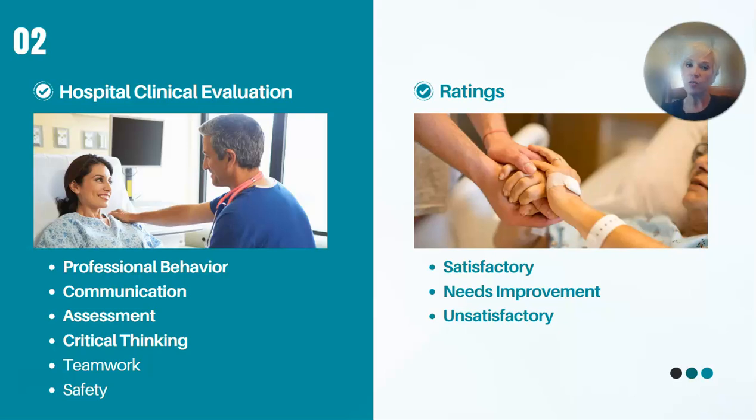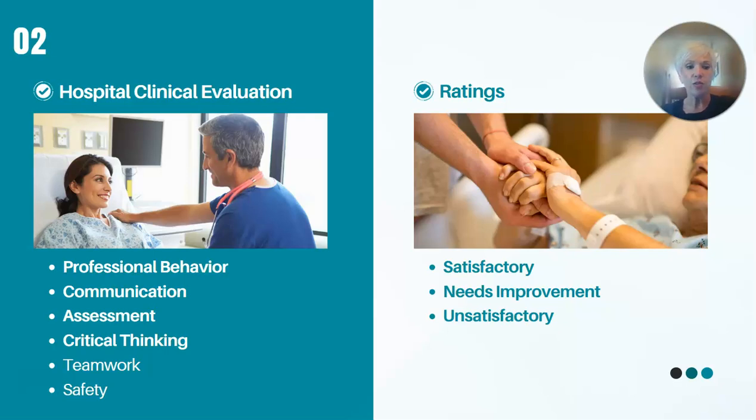Are you punctual, respectful, dressed appropriately based on the guidelines that are provided, and following all the policies? How about communication? Can you give a clear report on your patient and use therapeutic communication with patients? Assessment. Can you collect subjective data through health histories and objective data through physical exams?